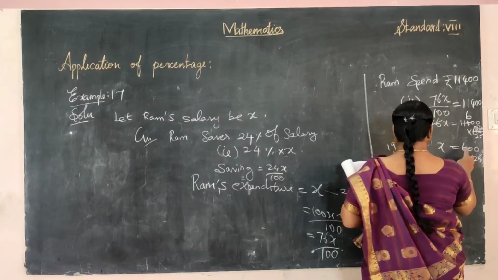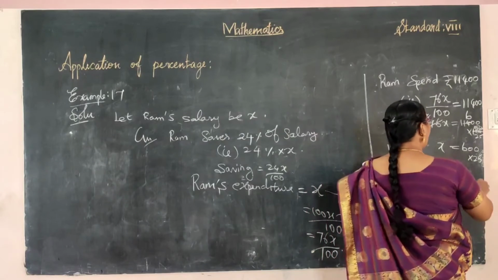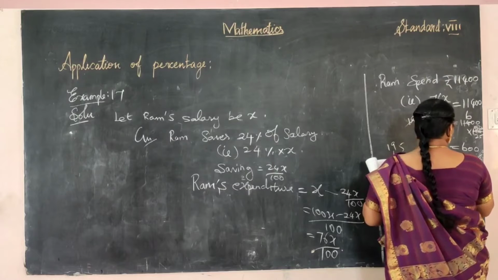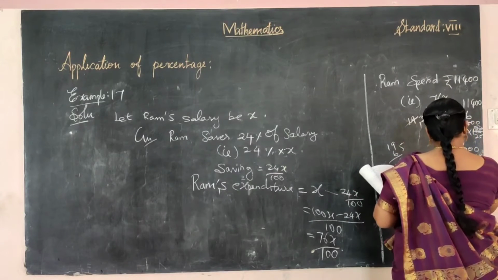Now multiply: 25 6s are 150. Add the remaining 20.